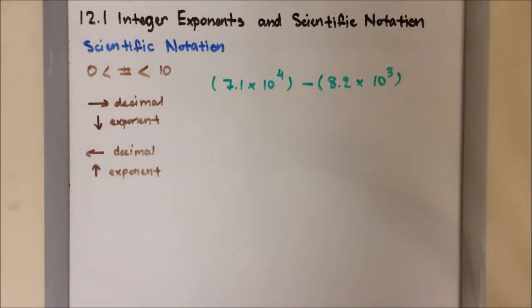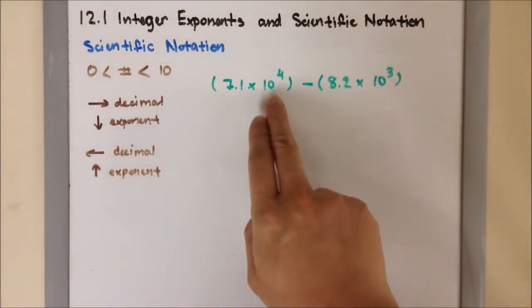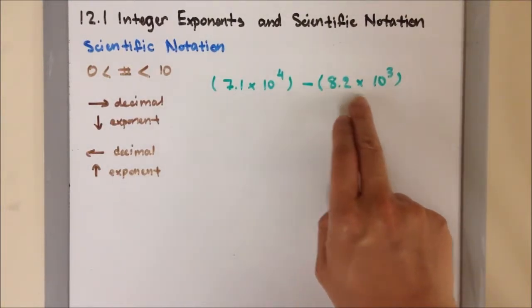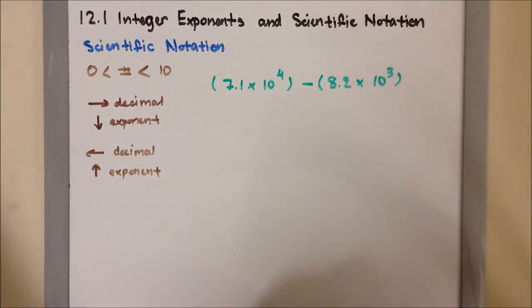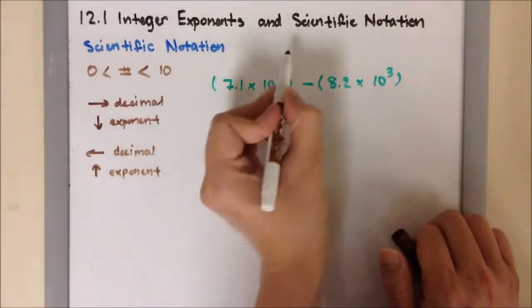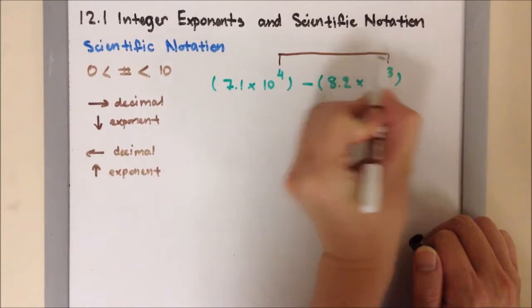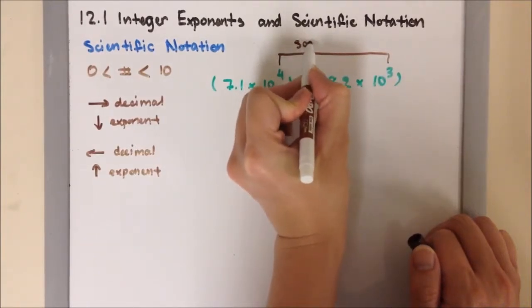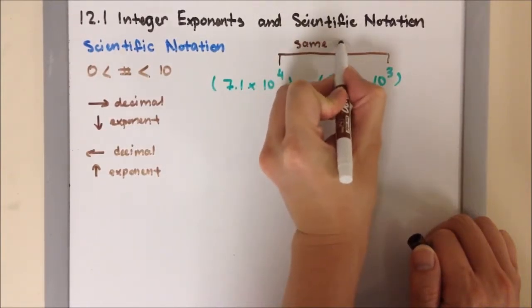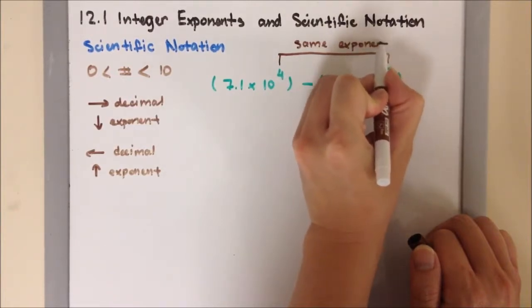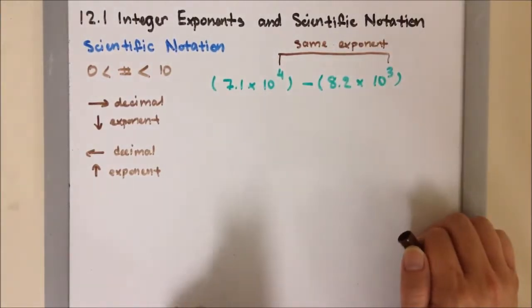In this example, we have 7.1 times 10 to the 4th being subtracted by 8.2 times 10 to the 3rd. So again, when we're adding and subtracting, we check the exponents on the tens, and it has to be the same. In this case, it is not.